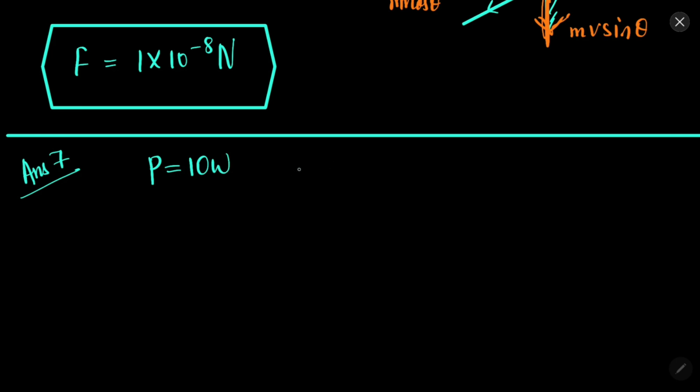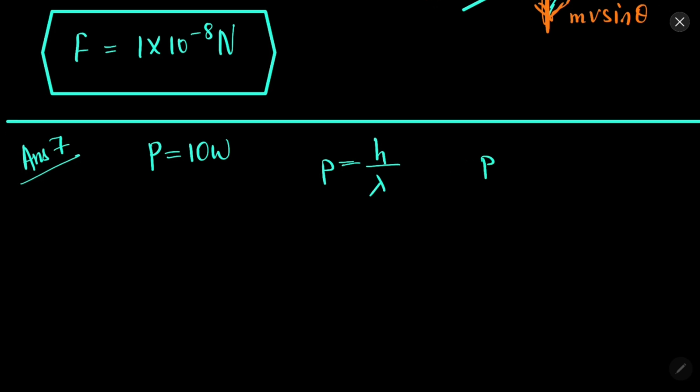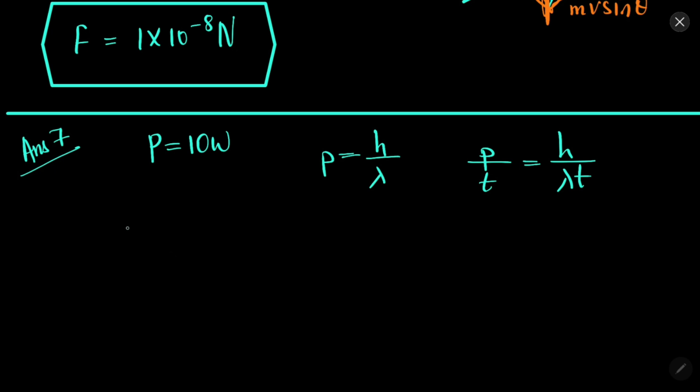Now obviously momentum is given by h over lambda, and momentum over time period can be put like this. So another formula that we have is of energy, hc by lambda, and energy over time can be hc over lambda t.